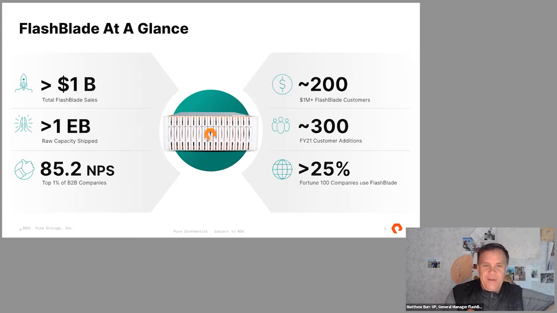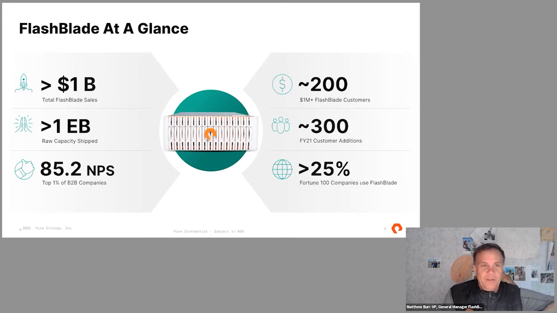Yeah, I want to underscore this point: over $1 billion and an exabyte of capacity, while maintaining an 85.2 net promoter score. I'm a big believer that the differentiation is always in architecture, and why you built what you built is oftentimes more important than what you built.